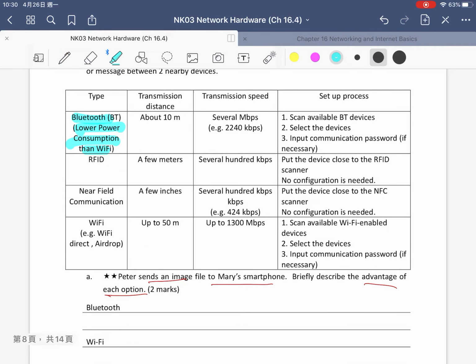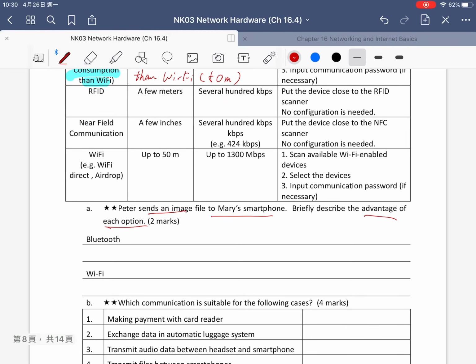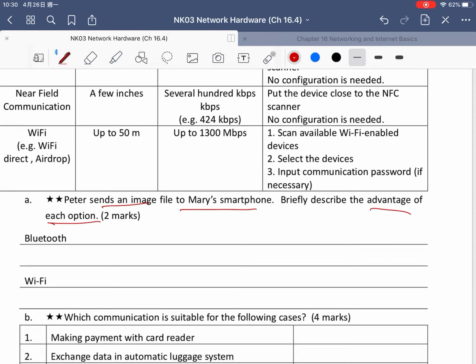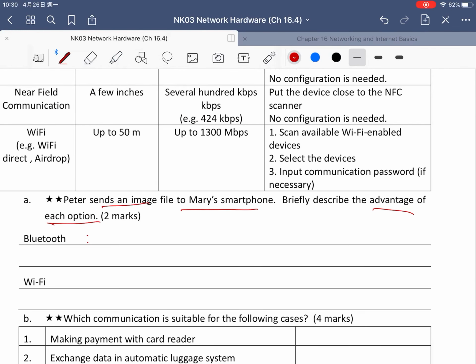Look at the Bluetooth. The transmission distance is about 10 meters, which is shorter than Wi-Fi. Wi-Fi 50 meters. So for the Bluetooth, the advantage is for the power consumption.